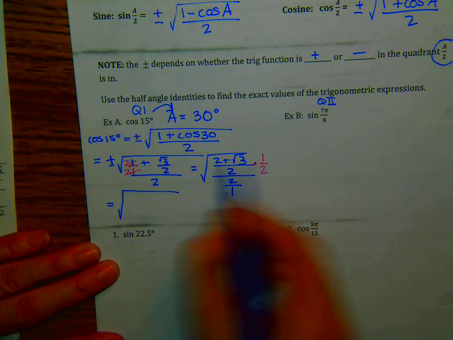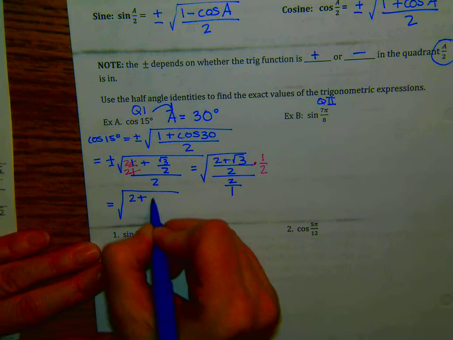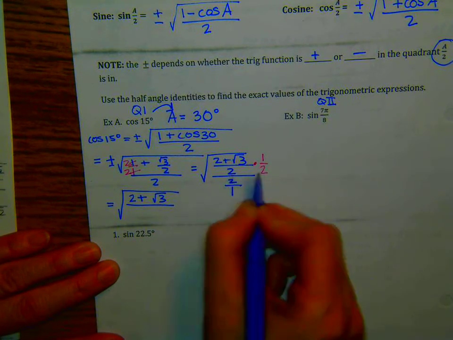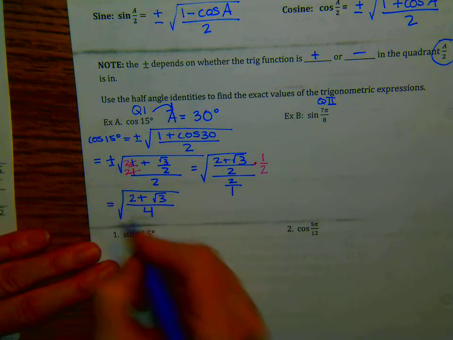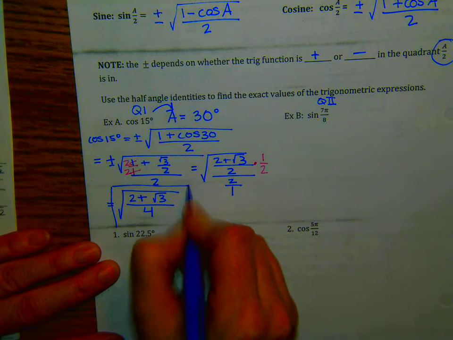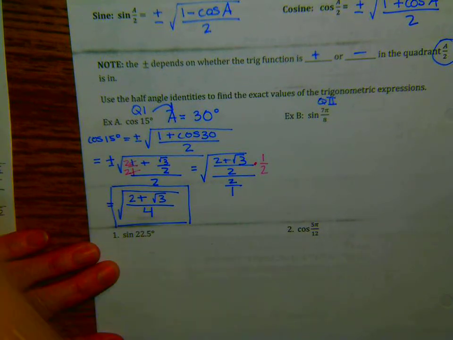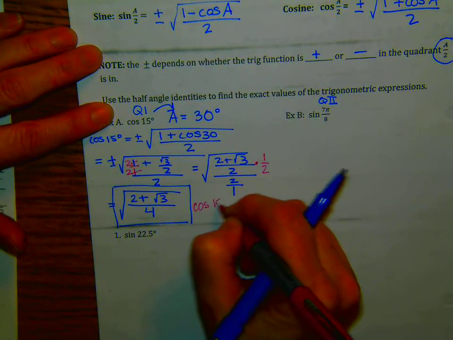I multiply across the numerator, and nothing changes in the numerator: 2 plus the square root of 3. In the denominator, 2 times 2 is 4. And I'm done. So this whole big kind of ugly thing is actually my answer, and this is the cosine of 15 degrees.